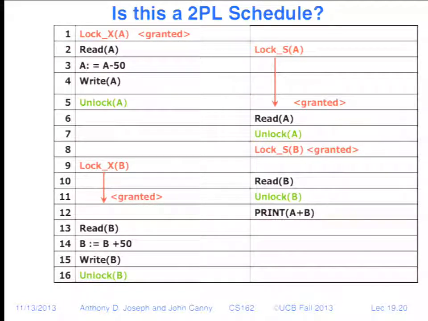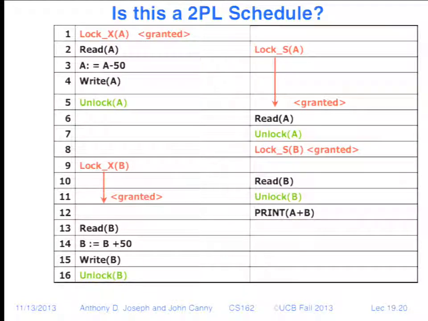But it acquires it down here, reads A. It only has to read, so it unlocks A as soon as it's done its read. Then it requests the read of B, actually reads B and unlocks the shared lock that it got.